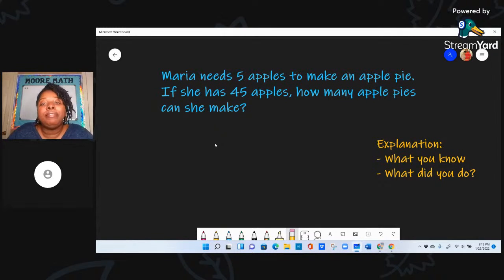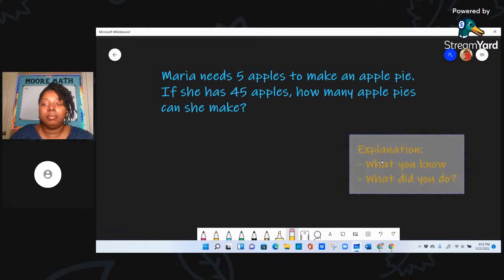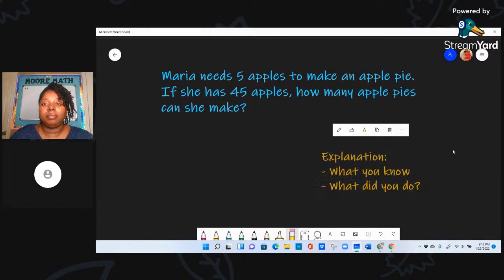If she has 45 apples, how many apple pies can she make?